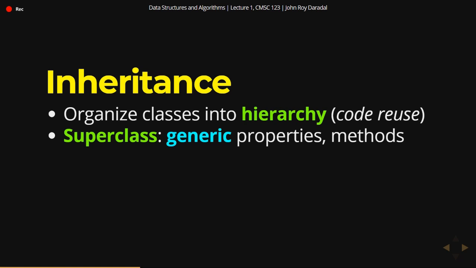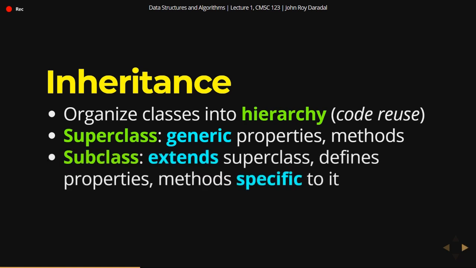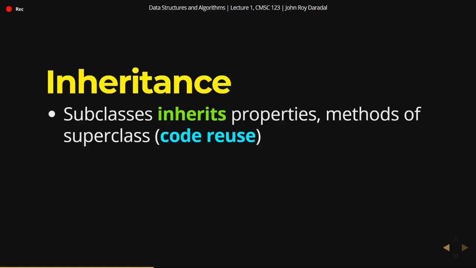Under the superclass is the subclass. The subclass will extend the superclass and define properties and methods that are specific to it. For code reuse, the subclass can inherit the properties and methods of a superclass. Once a subclass extends the superclass, everything that is part of the superclass will be inherited by the subclass. We'll see that in an example in the next slide.